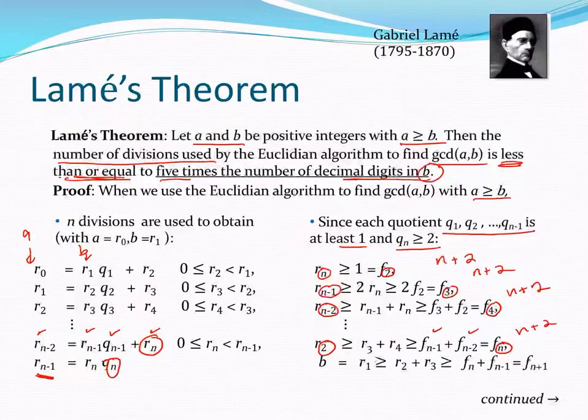And b, which is R1, is going to be greater than or equal to R2 plus R3, which is greater than or equal to Fibonacci n plus Fibonacci n minus 1 to give us Fibonacci n plus 1. So R1, which is b, is greater than or equal to Fibonacci n plus 1.